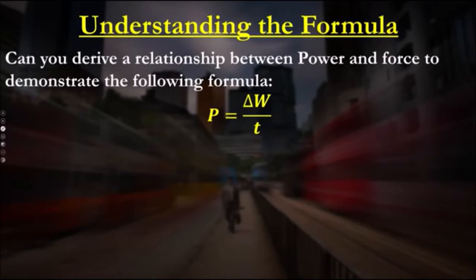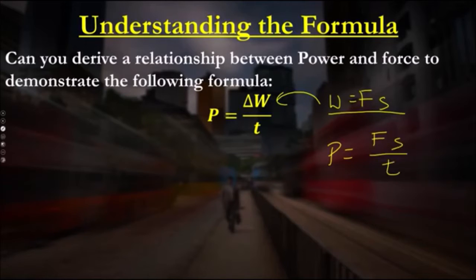So power, we have it here, work is equal to force times displacement. If I substitute W away with Fs, I get that power is equal to force times displacement over time.